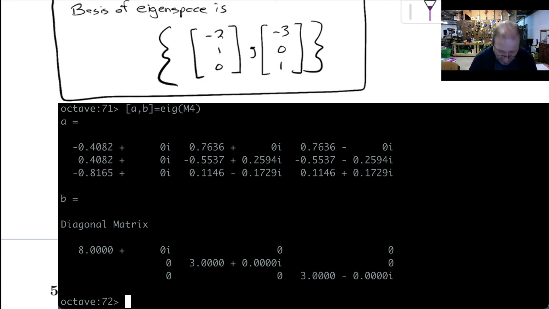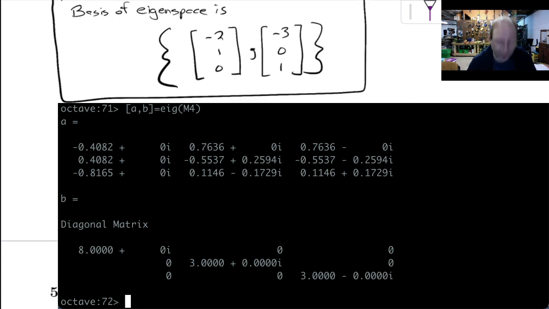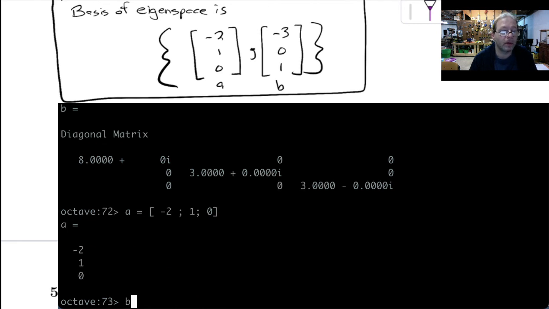Let's just look at putting in my two, I'm going to call these A and B. A is -2, 1, 0. B is -3, 0, 1.